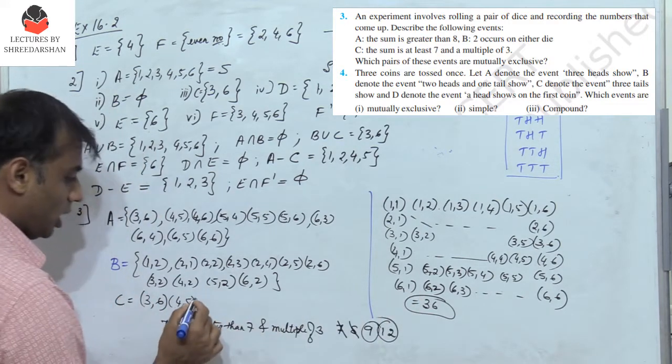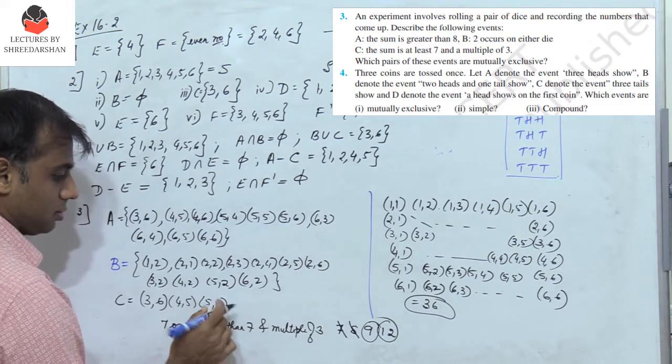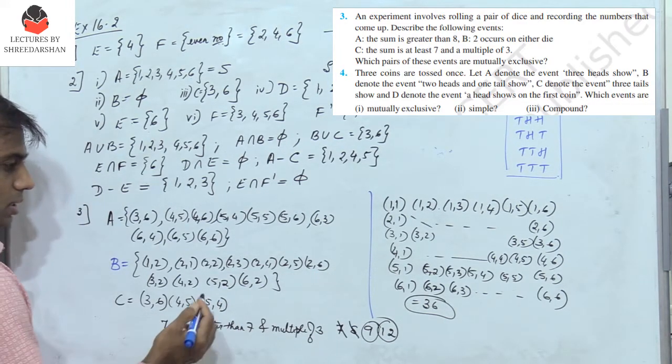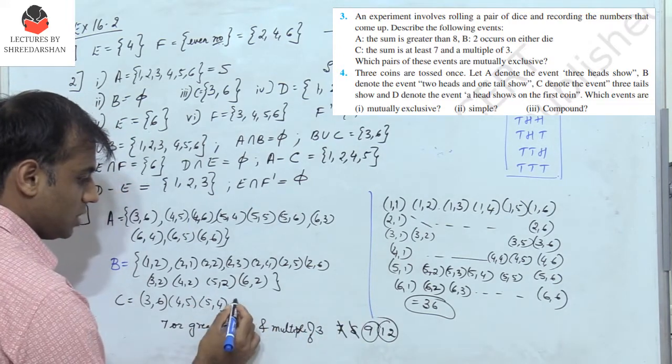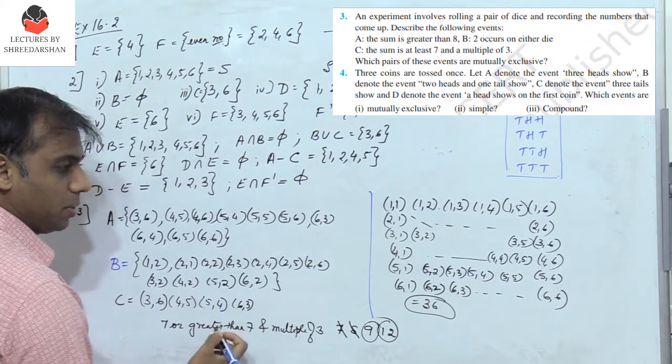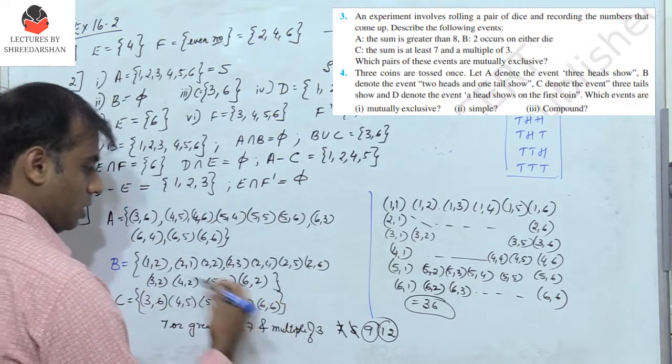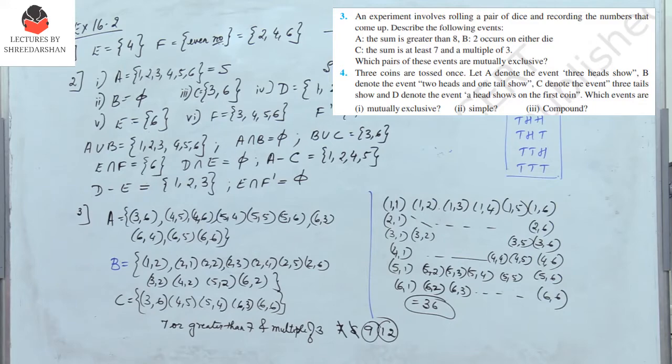Next, in the fifth row I have (5,4), which is 9 and a multiple of 3. Next, here I have (6,3), which is 9, a multiple of 3, and (6,6) is 12 and a multiple of 3. So I have 5 outcomes: (3,6), (6,3), (4,5), (5,4) and (6,6). So these are the outcomes of the event C.